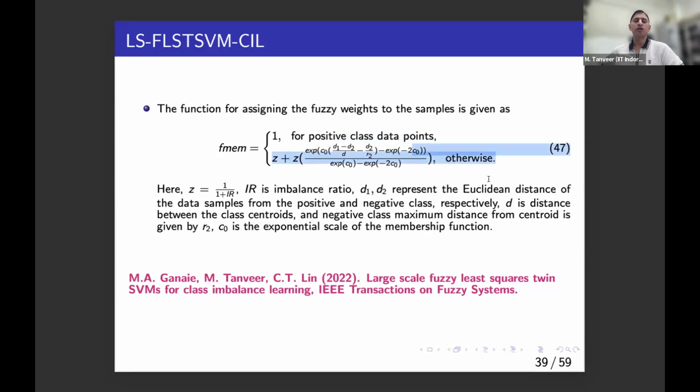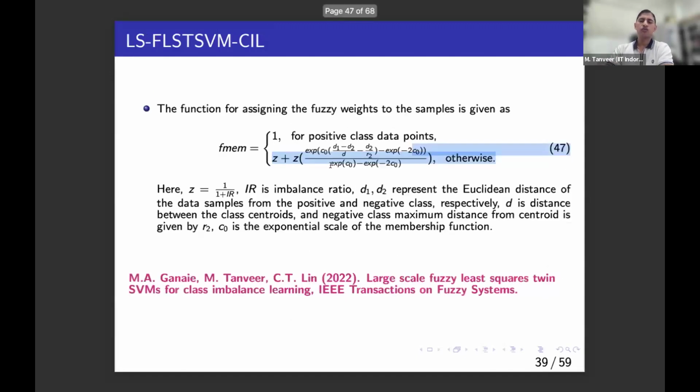D1 and D2 represent the Euclidean distance. D is the distance between the class centroid, and R2 is the maximum distance of the negative class from the centroid, and theta is essentially the exponential scale of the fuzzy membership function.